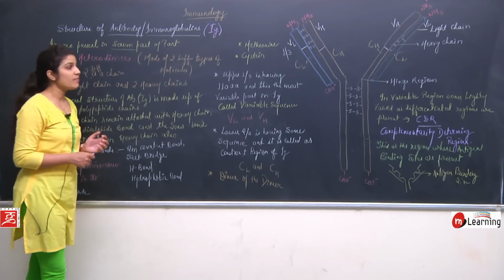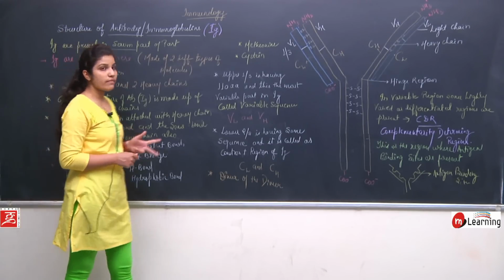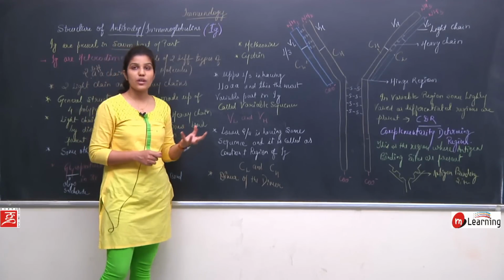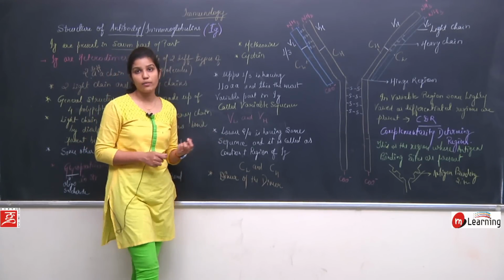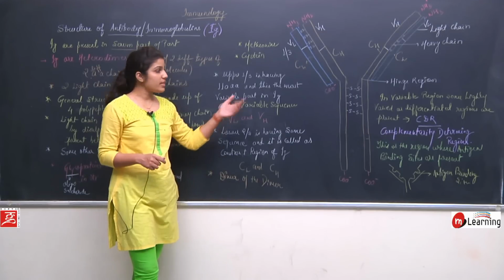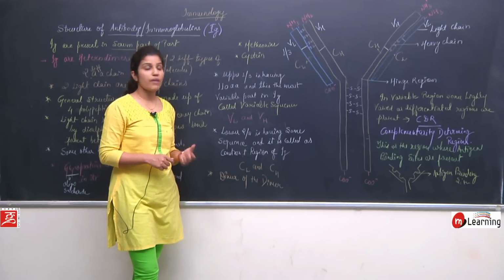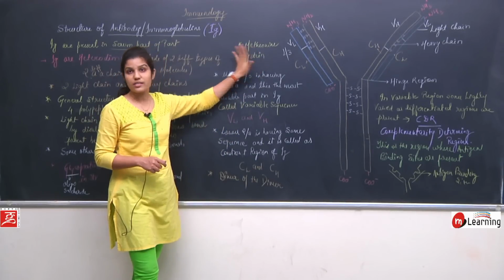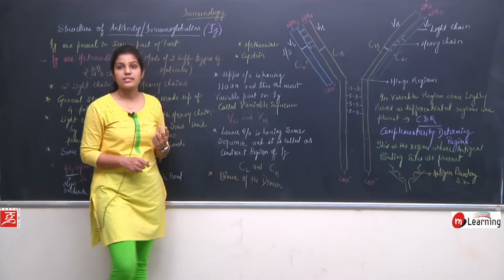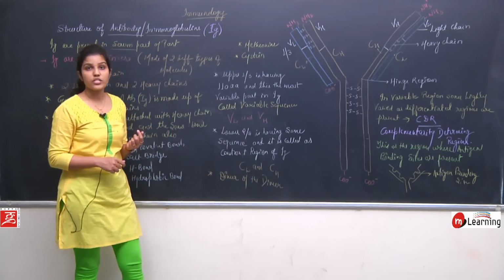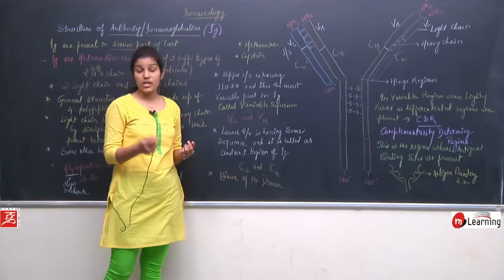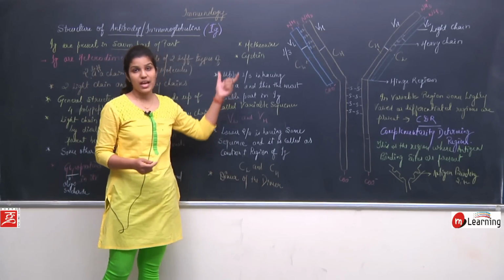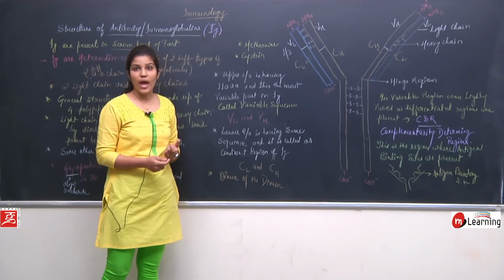Okay, and the same with our heavy chains also, the 2 heavy chains are attached together with the help of the same disulfide bond, and the reason for the presence of this disulfide bond is our amino acids. We have 2 amino acids, methionine and cysteine, which are responsible for the production of these disulfide bonds, because they are sulfur containing amino acids.